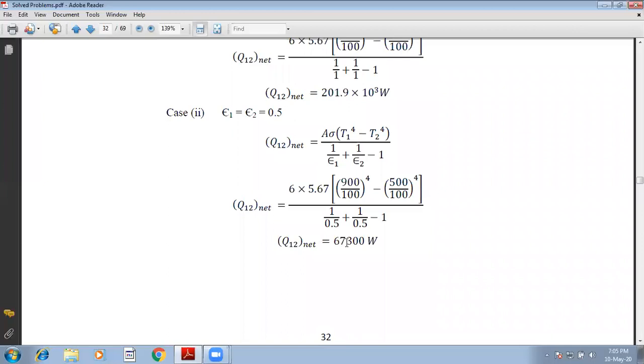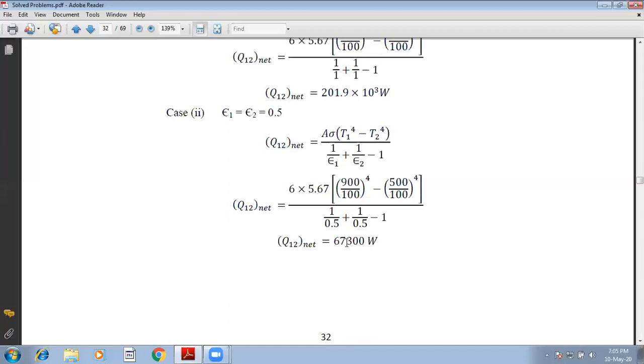The conclusion of this problem is that in case of a black body, the amount of heat transfer is more compared to a gray body or any body whose emissivity is less than 1.